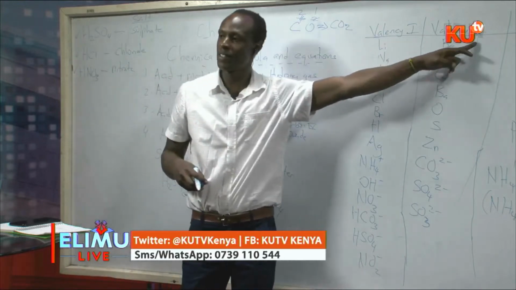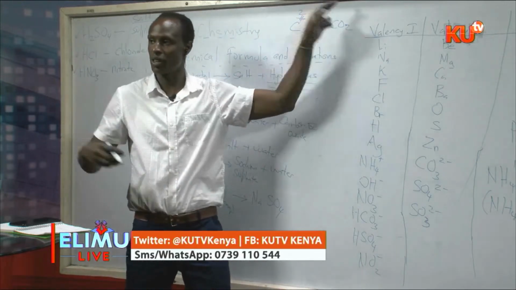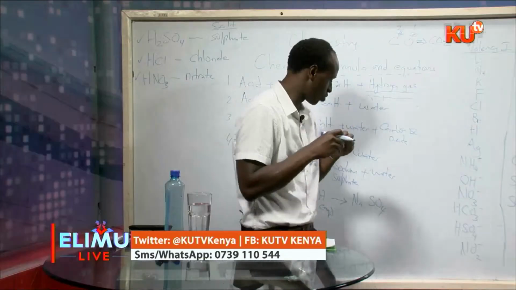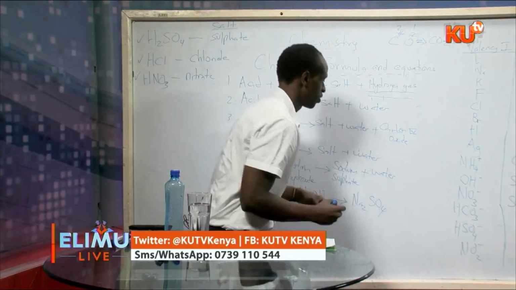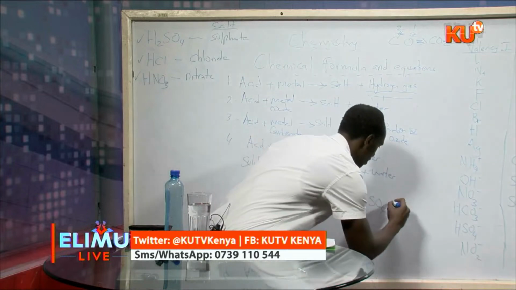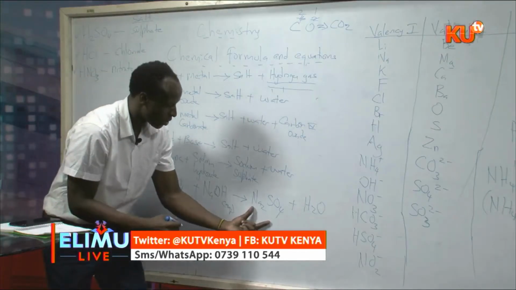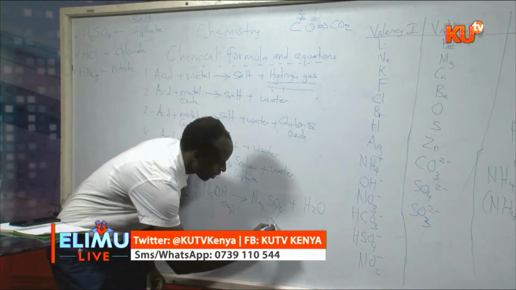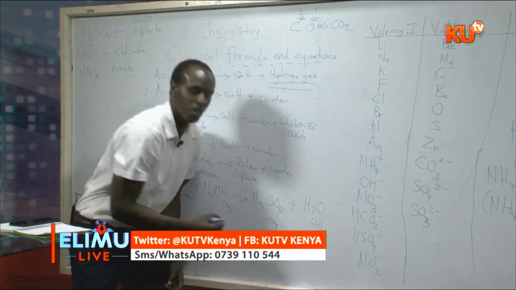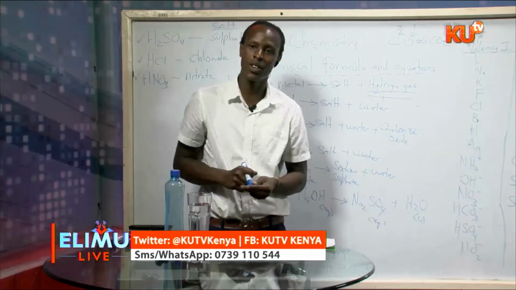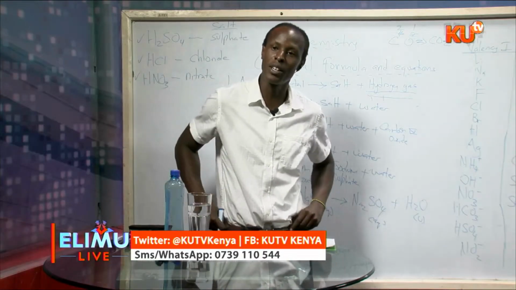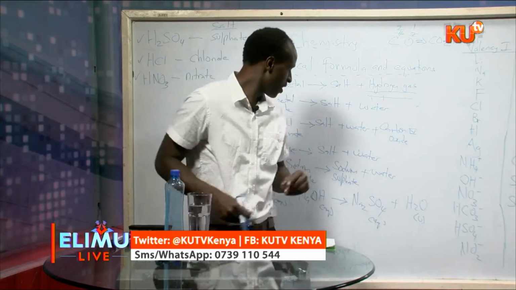So the valency of sulfate is 2, the valency of sodium is 1. Interchange: the 2 of sulfate comes to sodium. So Na2SO4 plus H2O. Sodium sulfate is aqueous and water is liquid. Sodium sulfate is aqueous because it's a salt. We have said most soluble salts are aqueous.